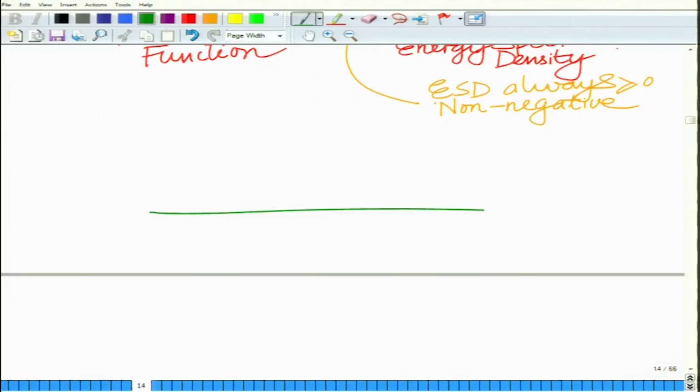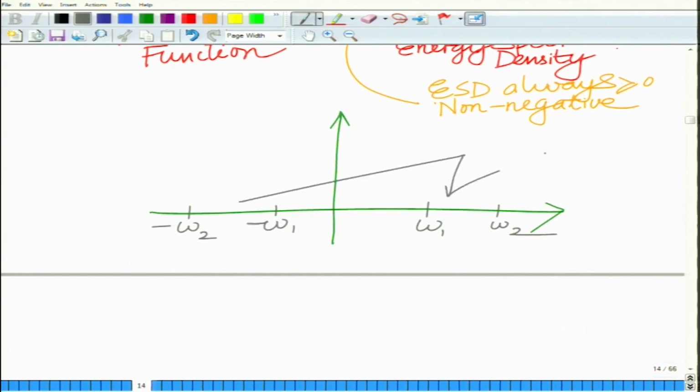So, if I have a particular band I am interested in finding the energy in, let us say the band omega 1 to omega 2, this is my band of interest.